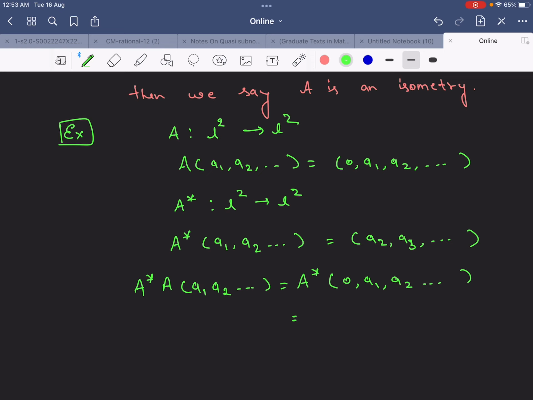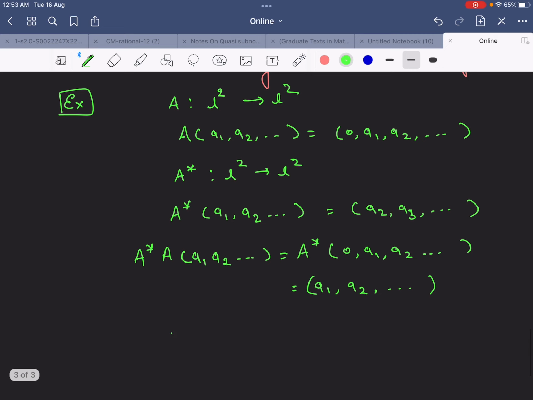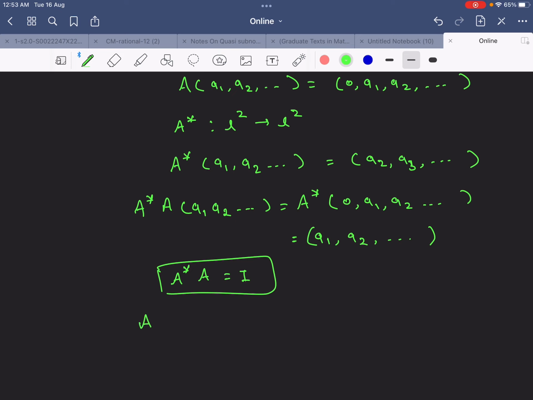Now if you apply A star, then you will get a backward shift, which is nothing but (a1, a2, and so on). So A star A is nothing but the identity in this case. So in this case we say that A is an isometry. Okay, so this was the definition and one example of isometry.